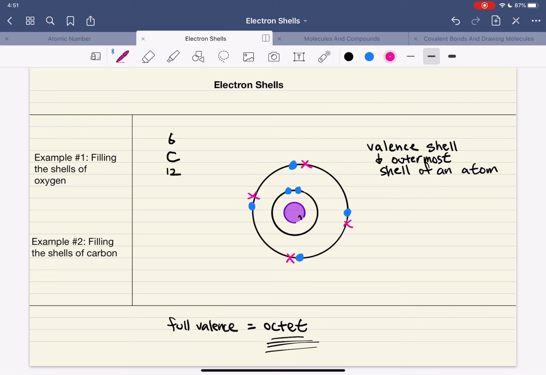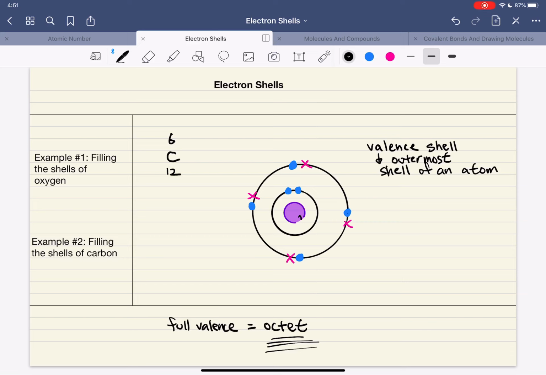And as we're going to learn moving forward, it's so important to draw your electrons out like this, in this specific way, because it tells you the number of chemical bonds that that atom forms in nature. So these X's are really important because that tells us the number of bonds that that element will form.